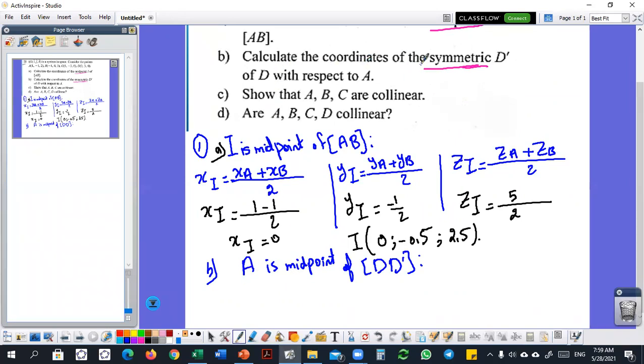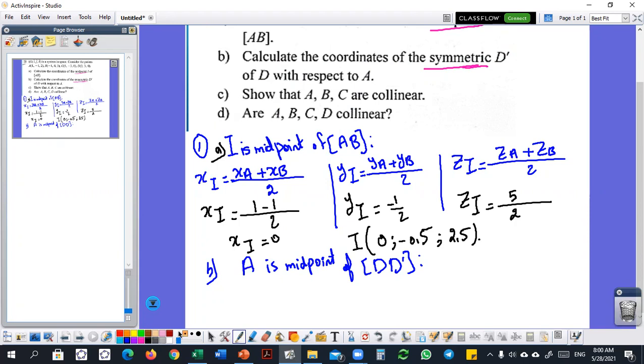Calculate the coordinates of the symmetric D prime of D with respect to A. So we should write the rule of the midpoint starting from A, but we should make a cross multiplication because the midpoint is given.